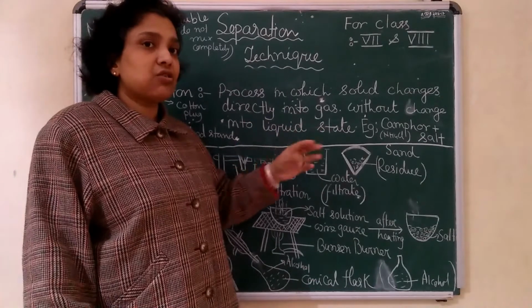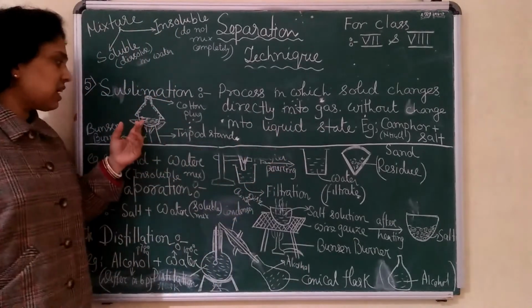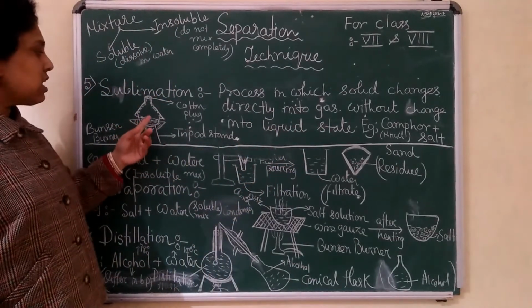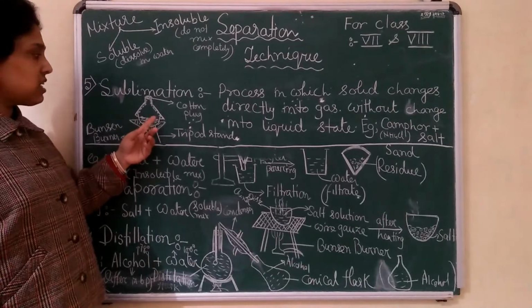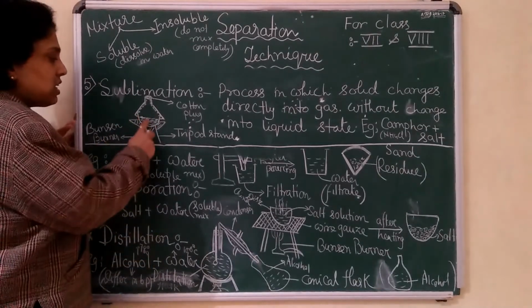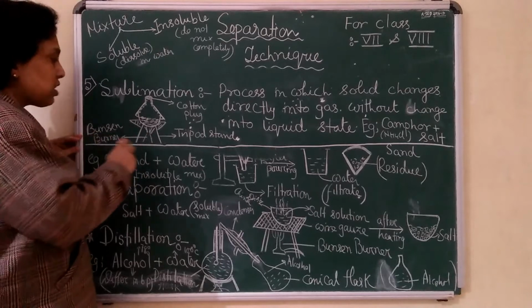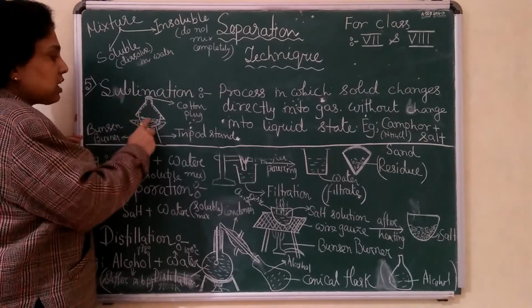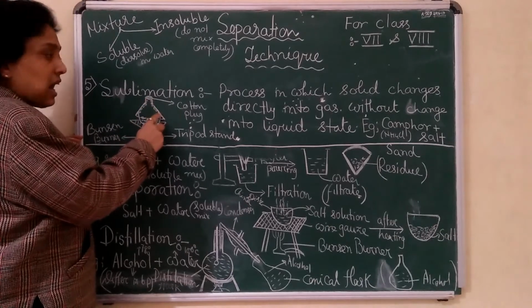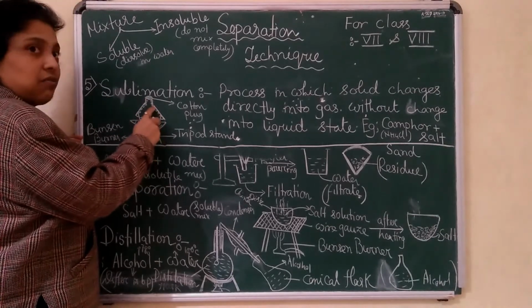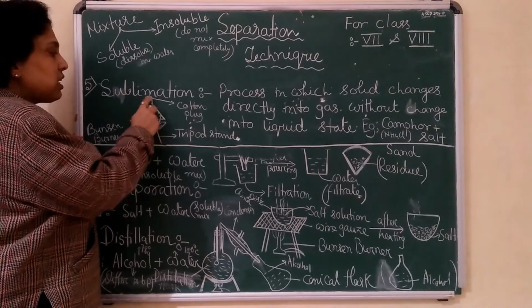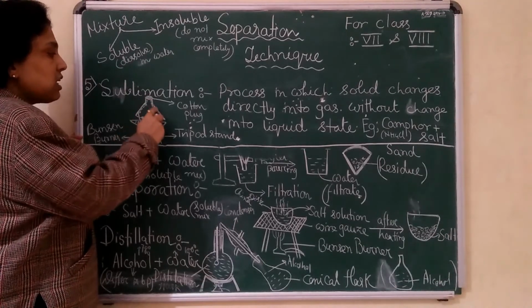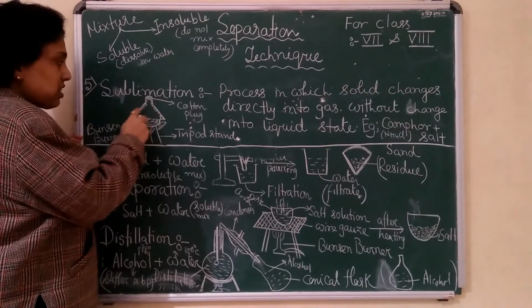You take that mixture in a china dish. When you are heating it with the help of a Bunsen burner, the camphor will convert into gas, and after some time it will cool down and the solid crystals will be deposited in the funnel. This is a funnel.